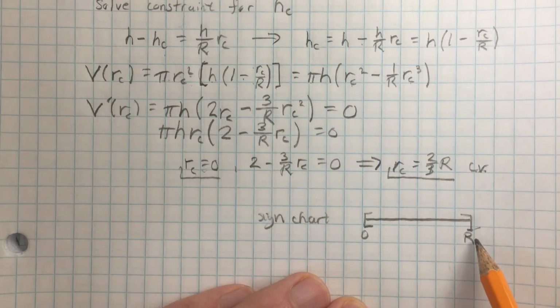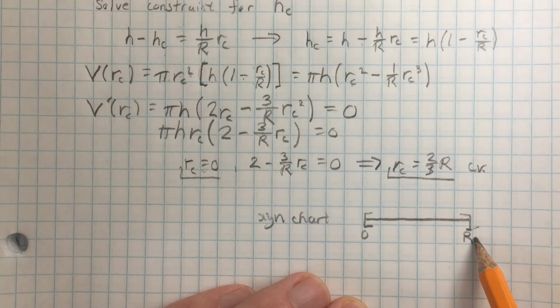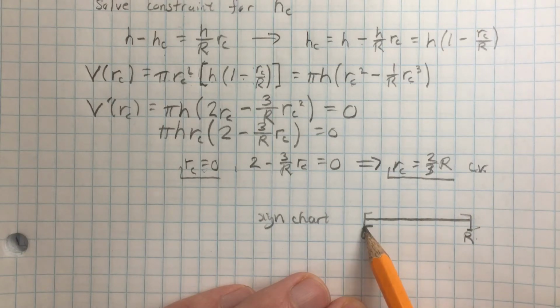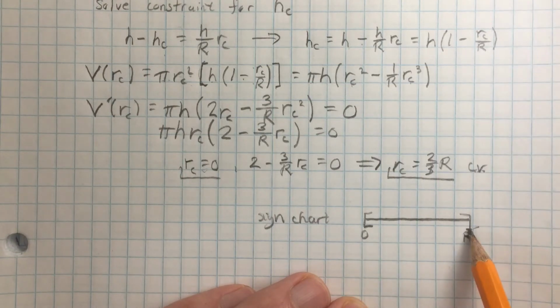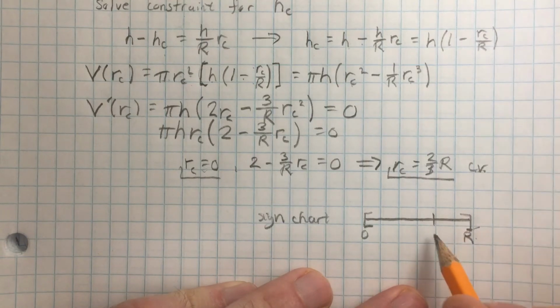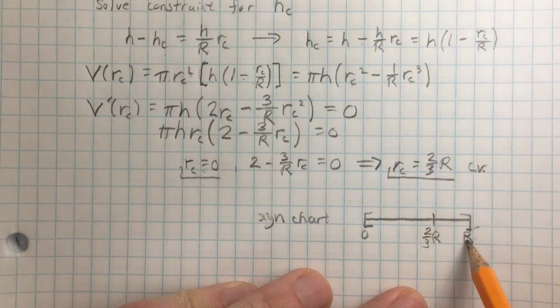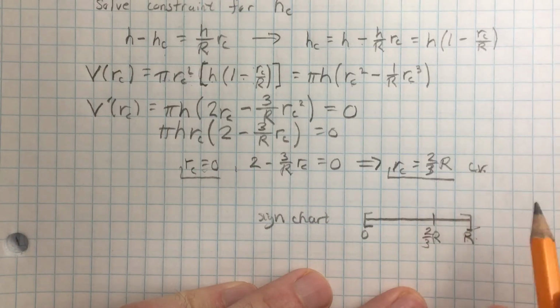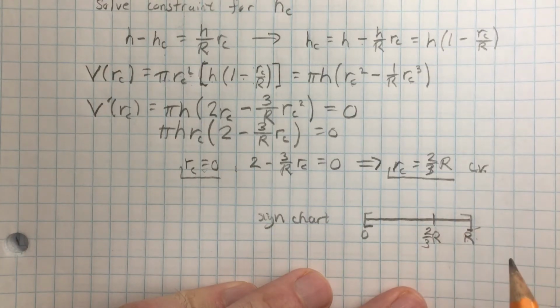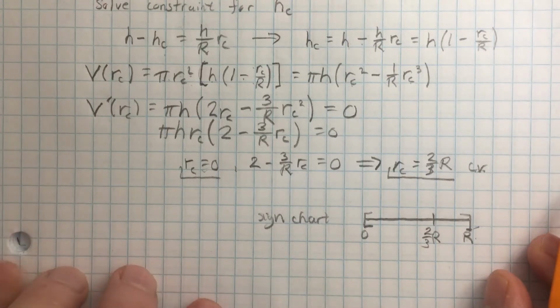If the radius became the same as the radius of the cone, again you have a 0 volume. So this is 0 volume for the cylinder, and this is 0 volume for the cylinder. And somewhere right about here, you might say 2/3, turns out 2/3 of the cone's radius is a critical value for the volume of the cylinder.